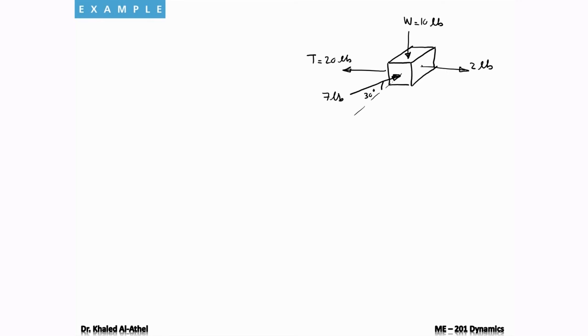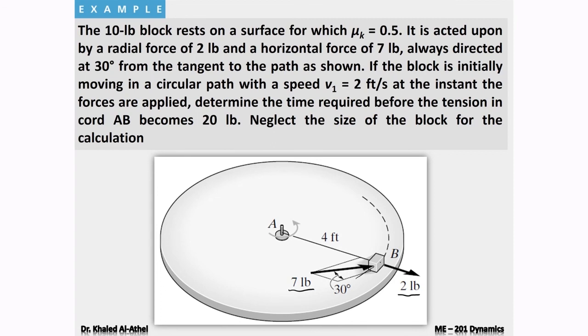And also I have a normal force. Okay, this is the normal force. And finally, if this is going to move on the surface and it's not smooth, then I'm going to have friction. Now, where is the friction going to be? If this is moving along this curved line, at this point it's going to be opposite to motion, tangent to the path, so it's going to be acting in this direction.